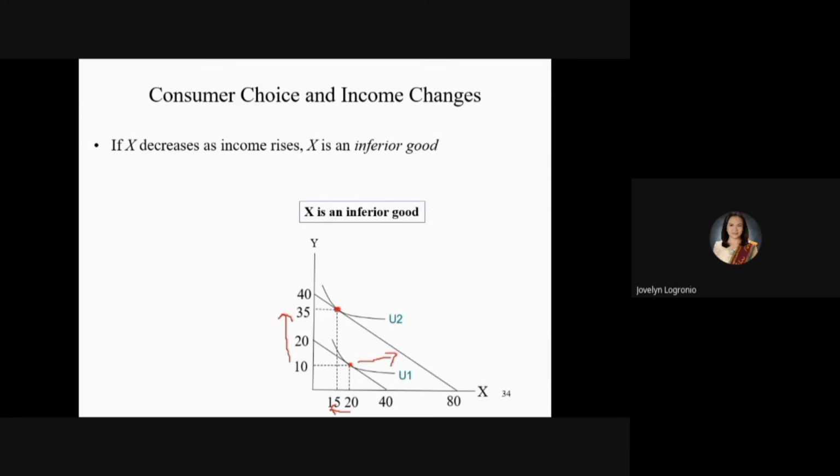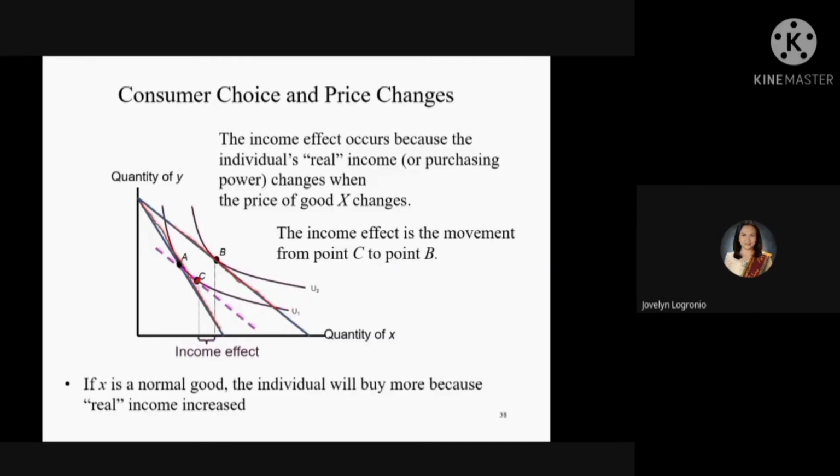Those are examples of inferior goods. So as income rises, again from this diagram, the individual chooses to consume less X and more Y. So again, Y here is a normal good, X is an inferior good.